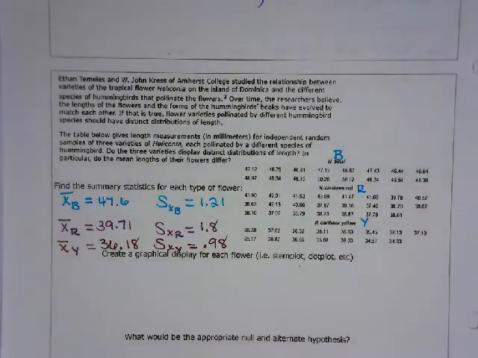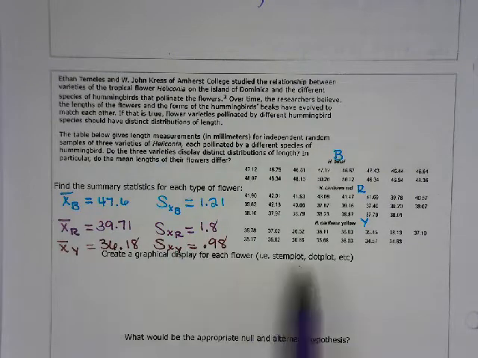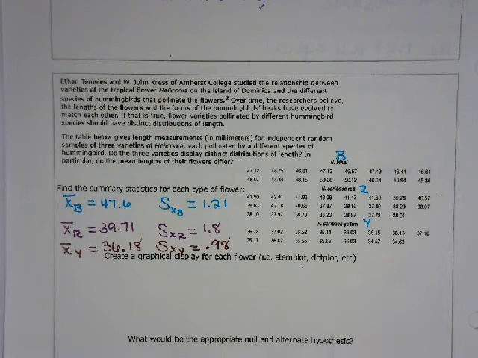All right. We now want to create a graphical display. You can do a stem plot, dot plot, box plot. Box plot. That's what I would go with. Like on the calculator. Yeah, or by hand. If you're using the calculator, I'd use a dot plot. How do we do that again?